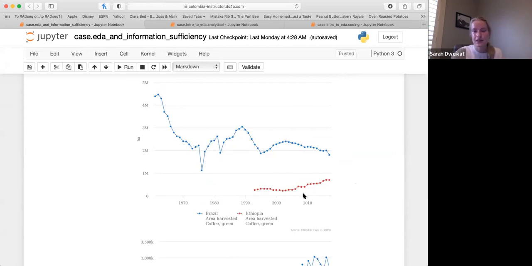So we can see here that Ethiopia is trying to devote more land. They're harvesting slightly more hectares over time of land for coffee. But Brazil, when we look at 1960 to 1980, actually started decreasing the amount of land.